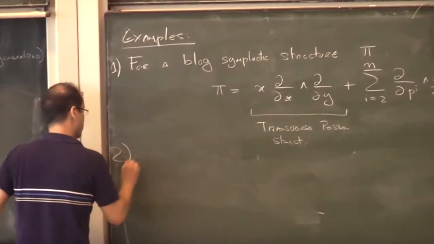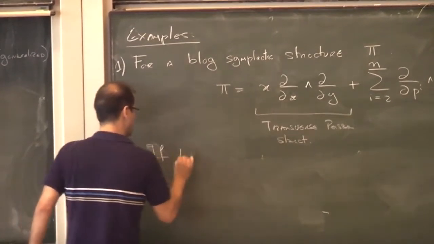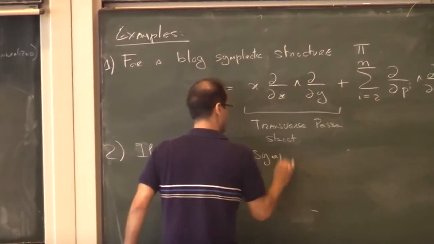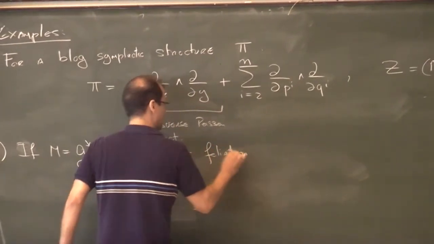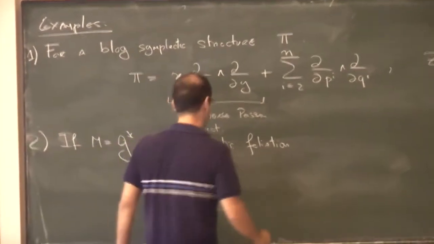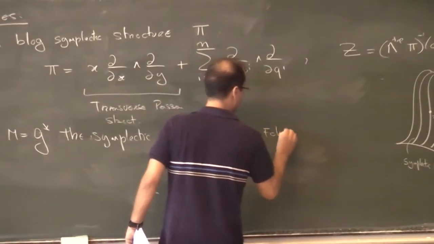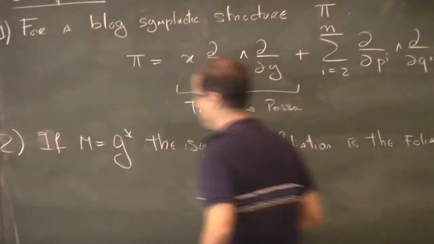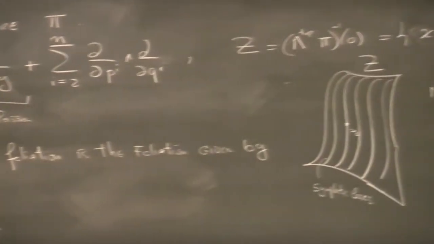For example, for linear Poisson structures, the symplectic foliation, as was hinted at in Anton's lectures, is the foliation given by the coadjoint orbits. So you saw in Anton's lecture that there were symplectic forms on these coadjoint orbits.